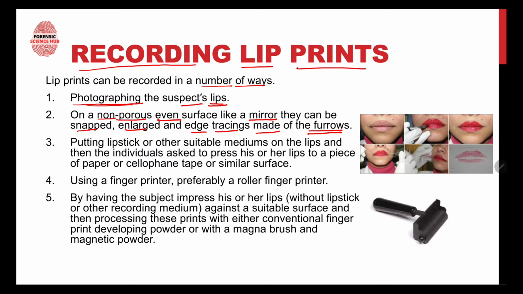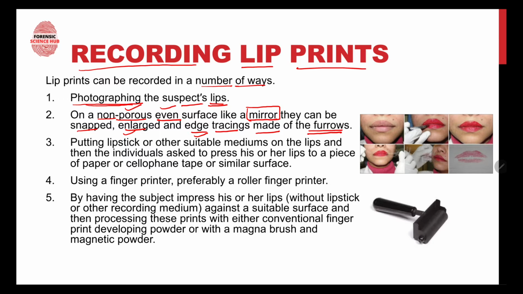So the lips can be snapped on any surface that is even and does not have pores and on which we can easily see them, like for example a mirror. The prints can be enlarged and edge tracing can be done. So this is another method.